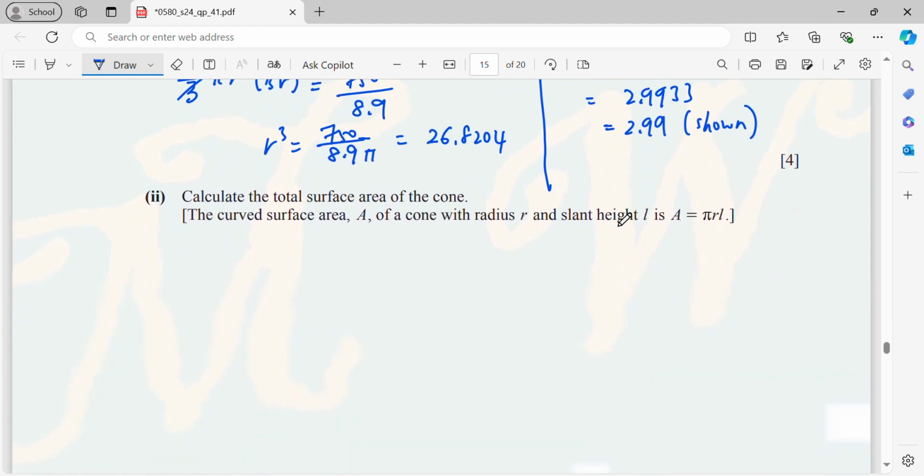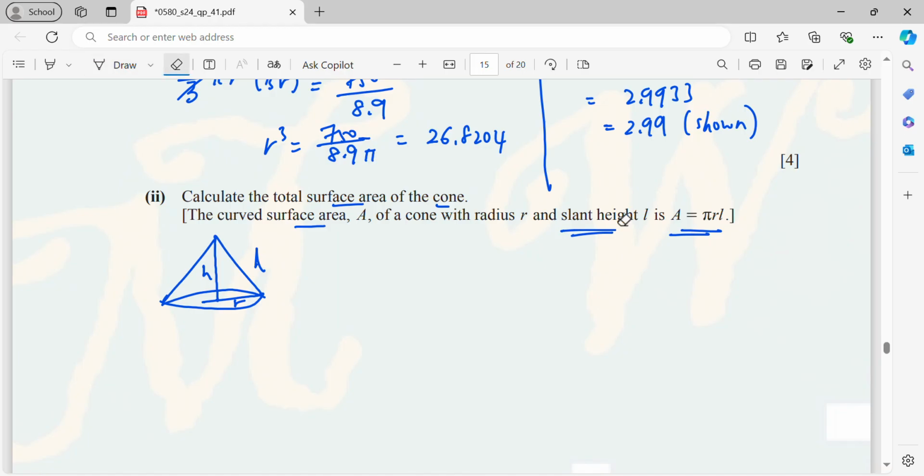Now part 2, calculate the total surface area of the cone. So now let's say this is the cone. This is the R. Here is the H. Okay, and this is the L. Now given that the curved surface area is pi RL.